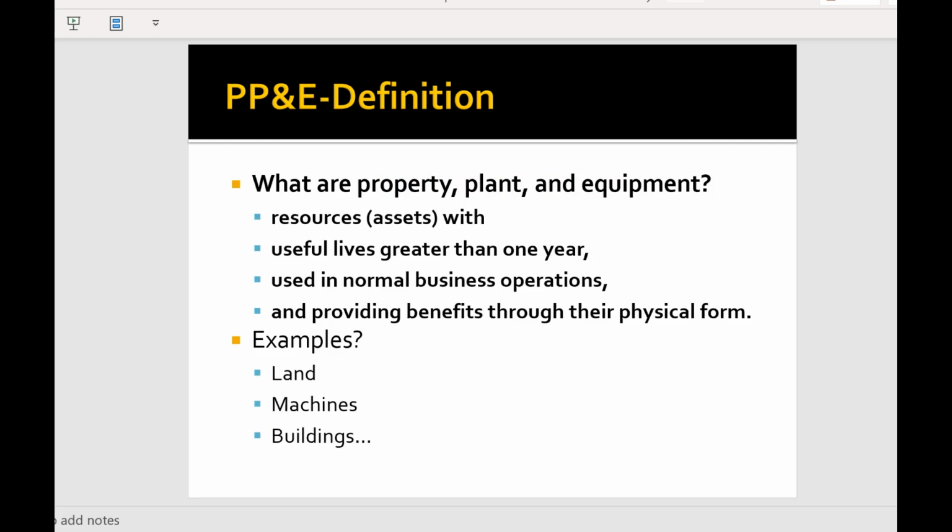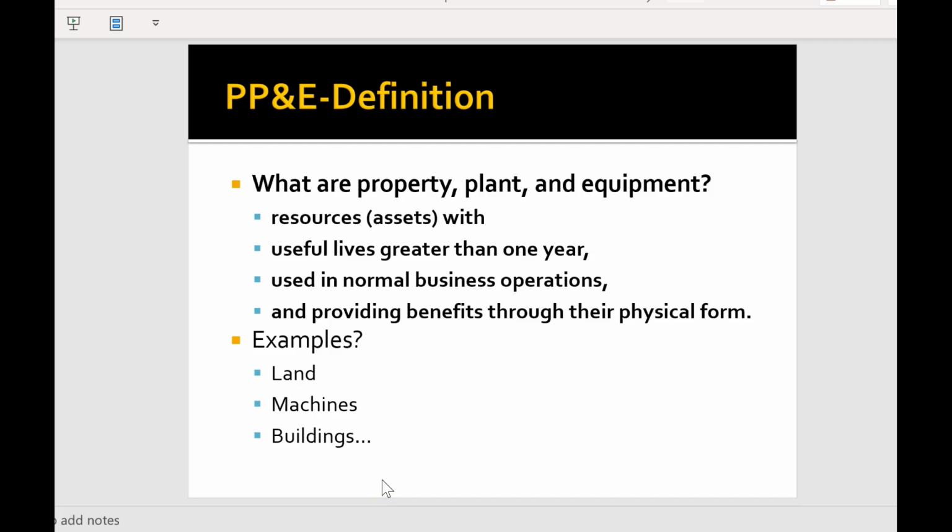There are some assets that may not fit into the PP&E framework. For example, a pen. A pen may be used for more than 1 year, but it's a small asset that is not considered PP&E because we usually consider assets with a big value that survive for several years for a firm.